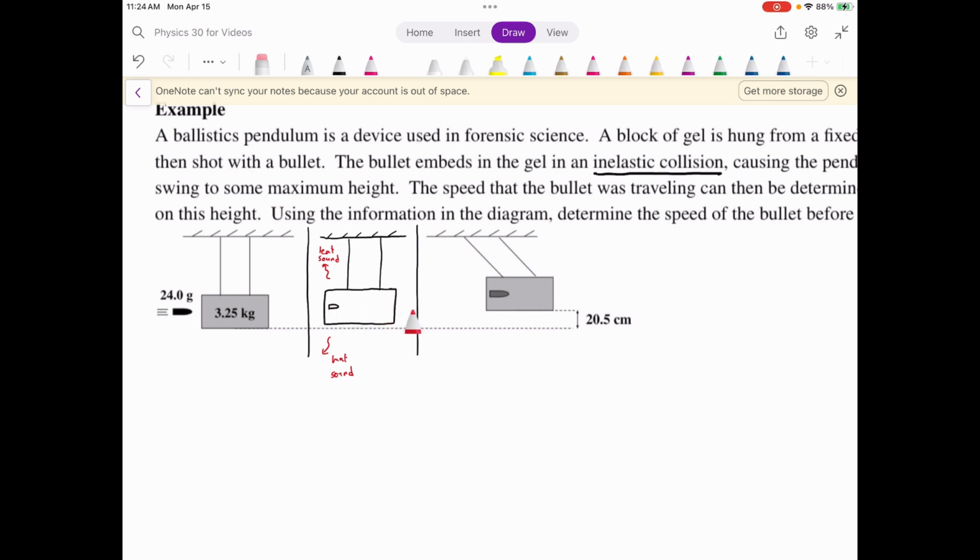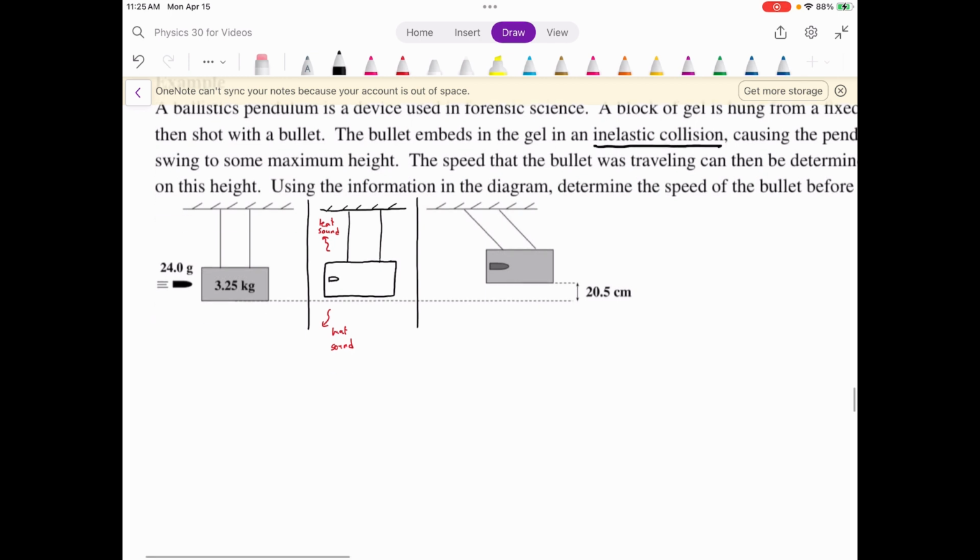So, was mechanical energy conserved from here to here? Not quite, because the collision has to happen. But once it's embedded, the collision's already happened, and now it starts to move. That's the key here. So this is a beginning, middle, end type one.